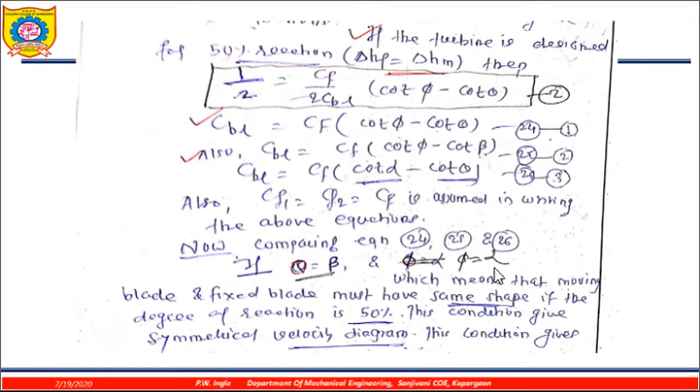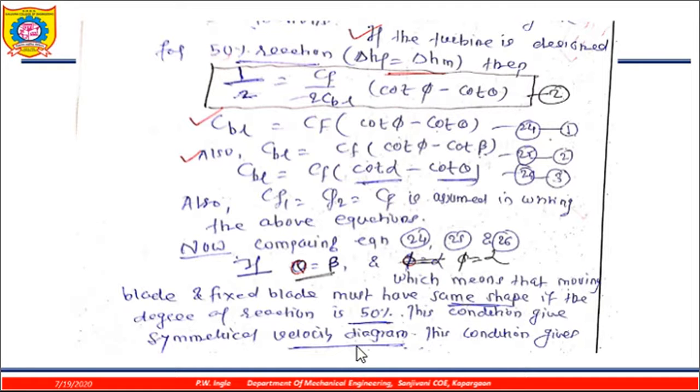If theta equals beta and phi equals alpha, how is 50% degree of reaction possible? 50% degree of reaction means 50% heat drop in the fixed blade and 50% heat drop in the moving blade, which means the angles should be equal. So the moving blade and the fixed blade must have the same shape; only then is the degree of reaction 50%.